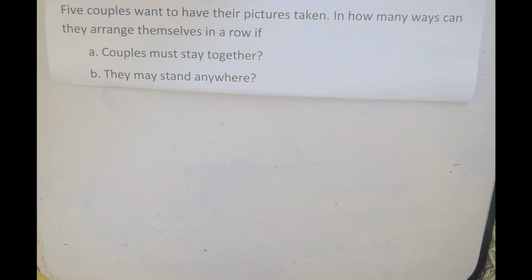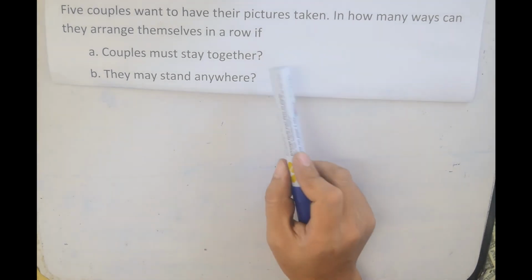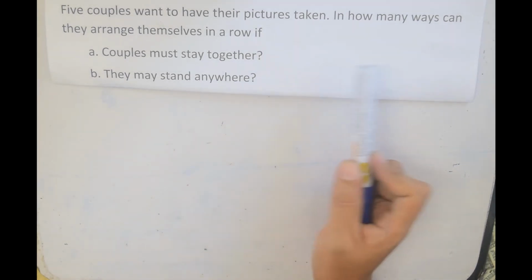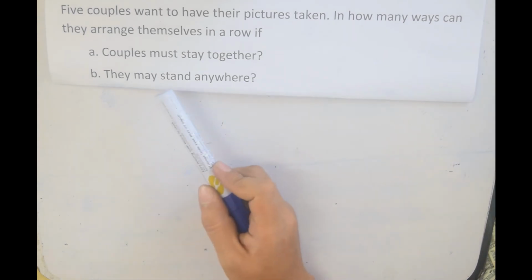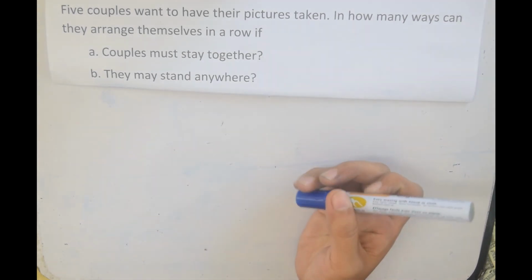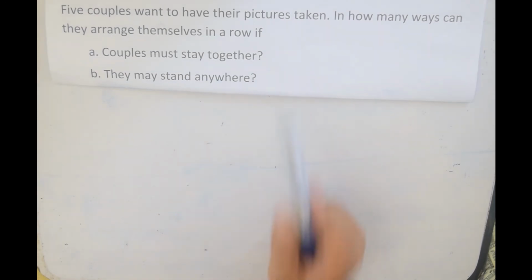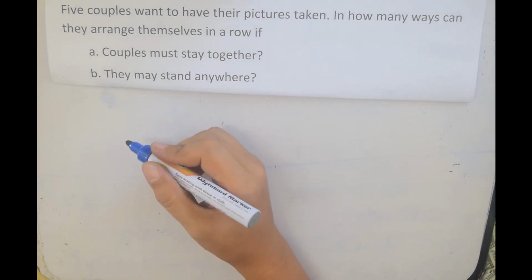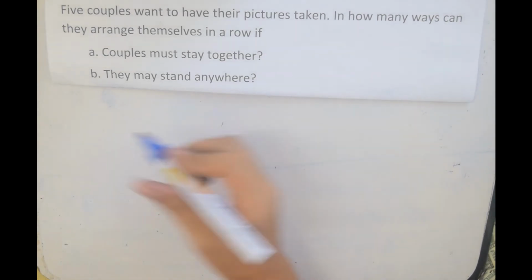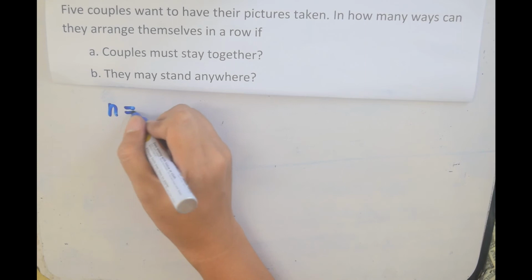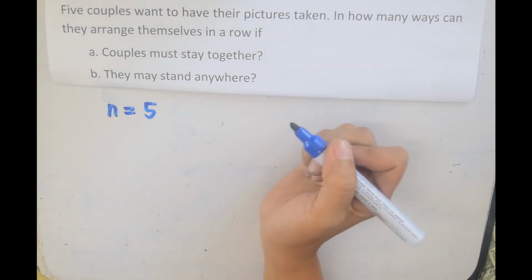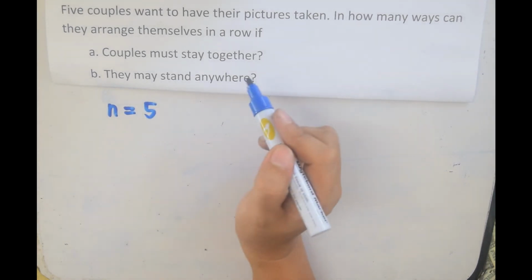Okay? We have here an example. 5 couples want to have their pictures taken. In how many ways can they arrange themselves in a row if couples must stay together? Okay, so we have here couples must stay together. There are 5 couples, so n is 5, and they are going to arrange themselves in a row.